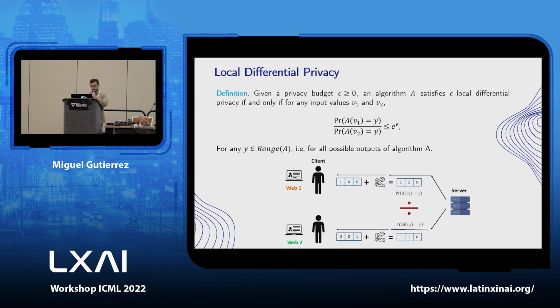If the ratio is equal to 1, it means that no matter the real input value, the probability of the outputs will be the same. But the higher the ratio becomes, the higher the probability of inferring something, and of course, the lower the privacy. And then this information is sent to the server.